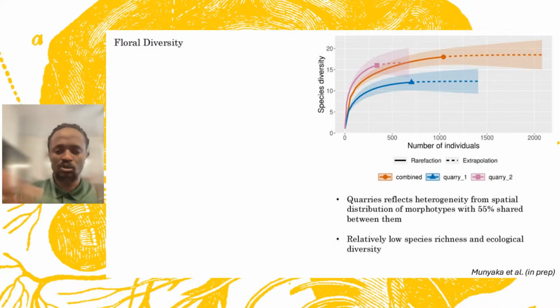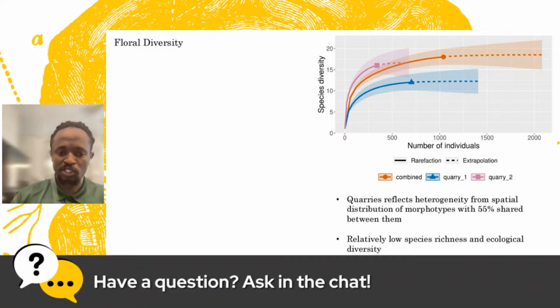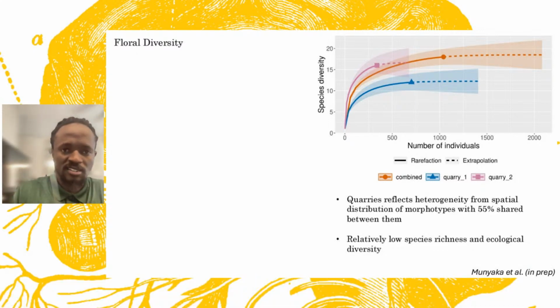Between these two spatially distant quarries, they've got about 55% of morphotypes shared. And we've got a low species richness in this site, and the ecological diversity is not that huge, which is not surprising, since previous studies have shown that most tropical forests don't have that much diversity in them.